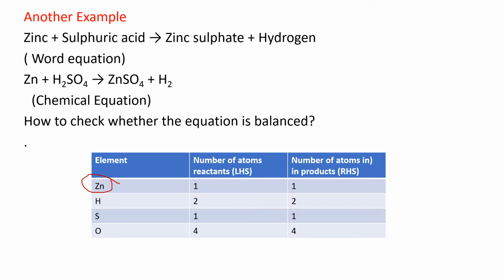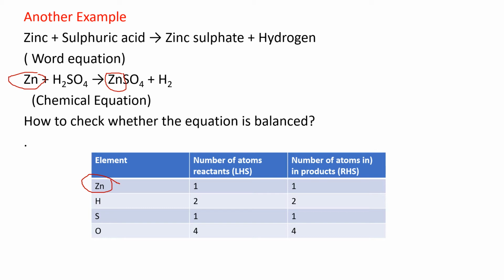Here zinc, how many atoms are there? 1. And on the right hand side, how many are there? 1, right? So the number of atoms of zinc on the left hand side is 1, and on the right hand side is 1.